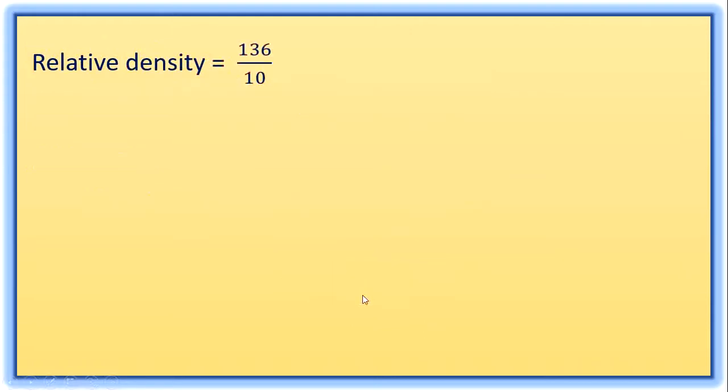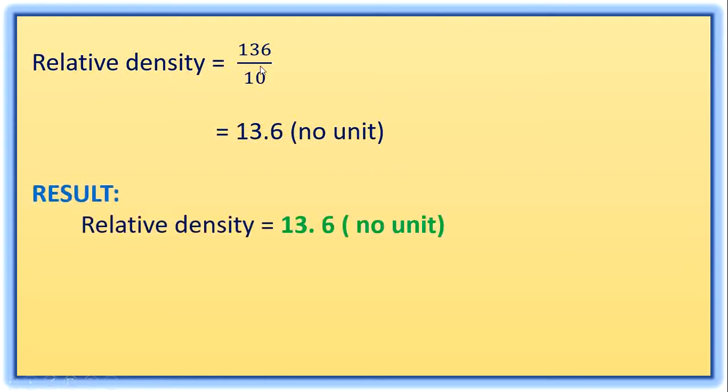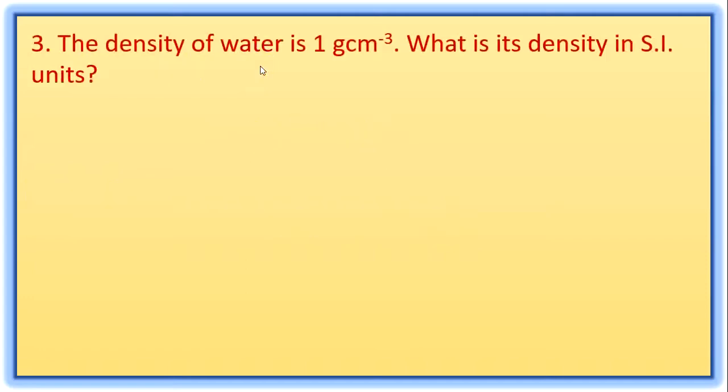So, we get the value as 136 by 10. When we divide this, we get 13.6, no unit. Relative density has no unit. So, the value of relative density is 13.6.